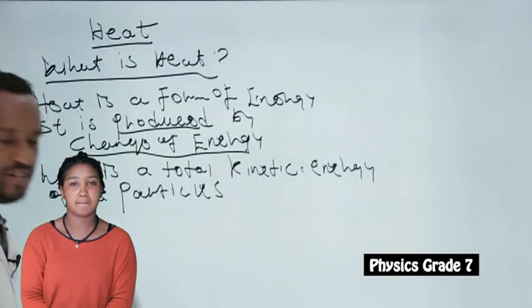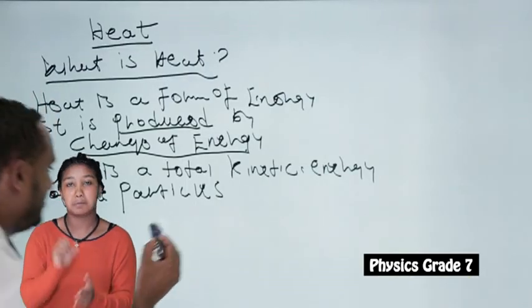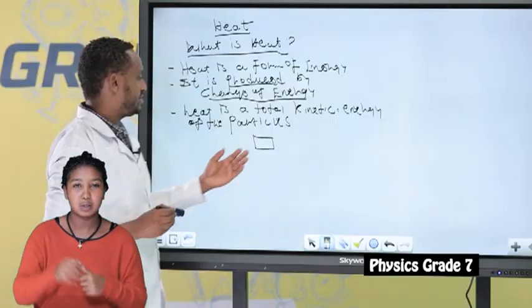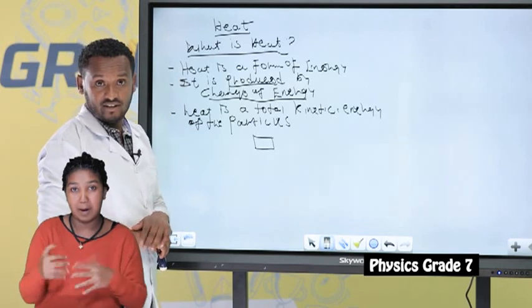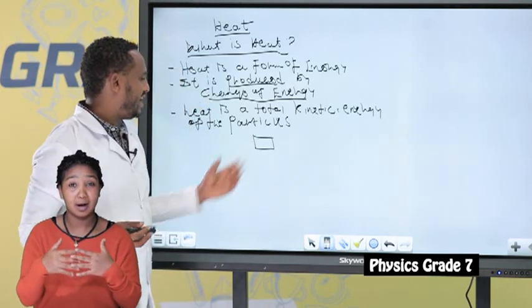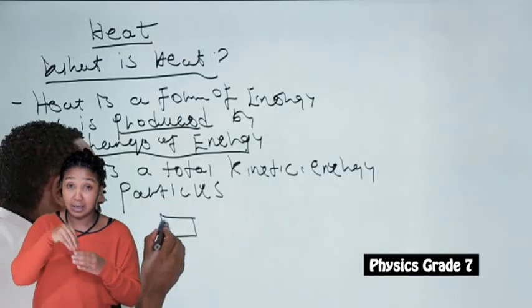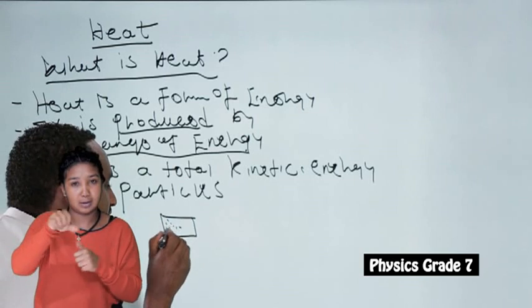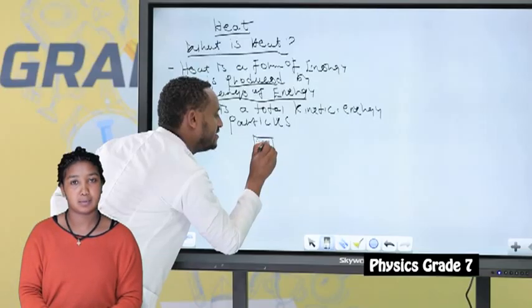You see, let me show by a simple example. Here we have a solid material, that is iron. The particles in iron are close to each other like this, okay? They are close to each other in a fixed pattern.